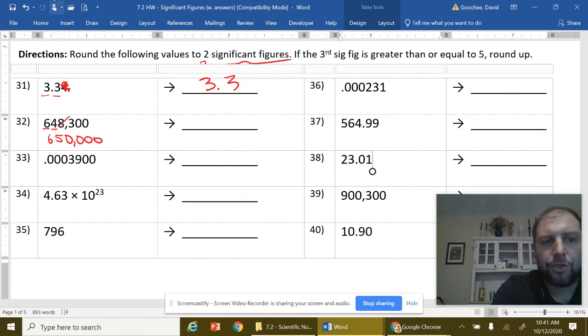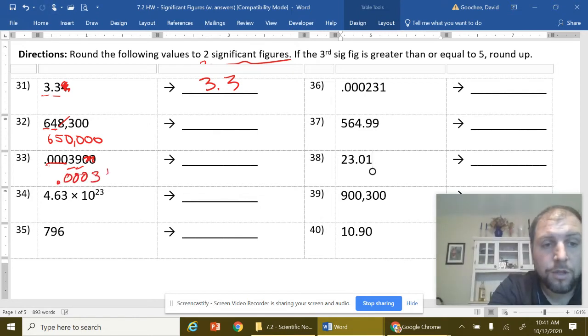Okay, so let's take a look at this one, number 3. Okay, we can keep the 3. We can keep the 9. And that's it. Everything else we have to round away, get rid of. Well, these are just zeros at the end, so we can just get rid of them. So this would be 0.00039.